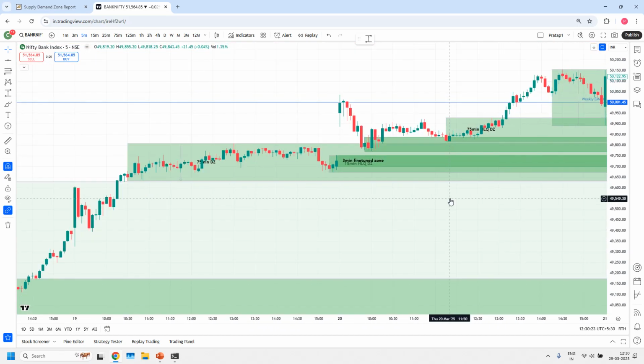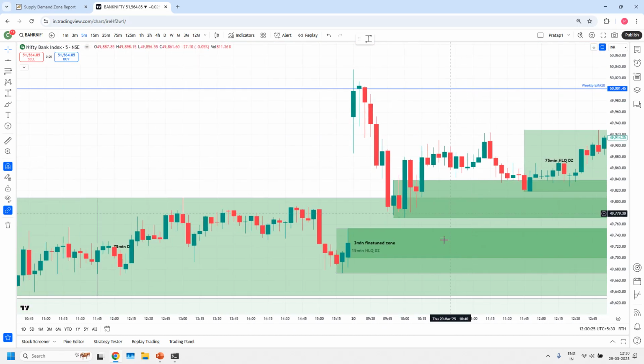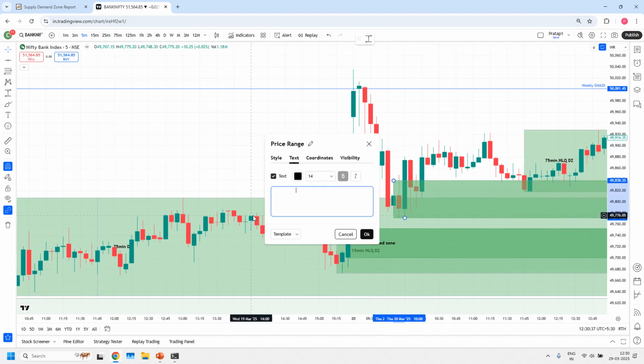This is how institutions are playing, especially the lesson 22 concept, lower time frame zone origin to the higher time frame zone. So this is a 5 minutes high liquidity demand zone.